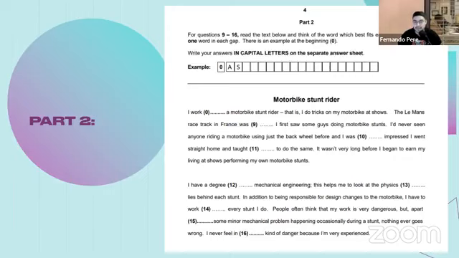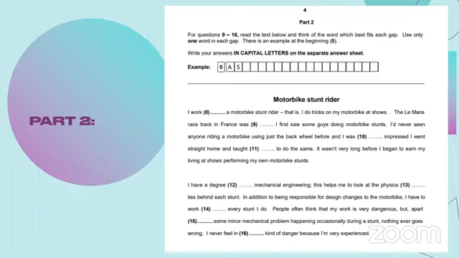So I repeat, I was so impressed that... what do you think is the consequence of him seeing the motorbike using the back wheel for the first time? What is the consequence of this? He went straight home and thought... Wait, don't read your answers.